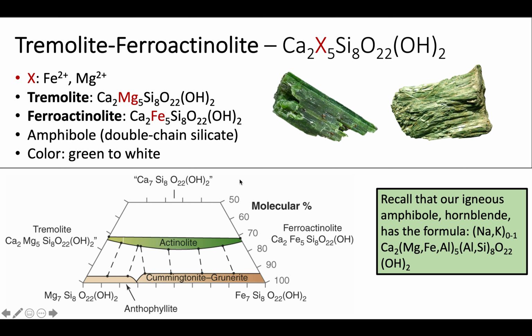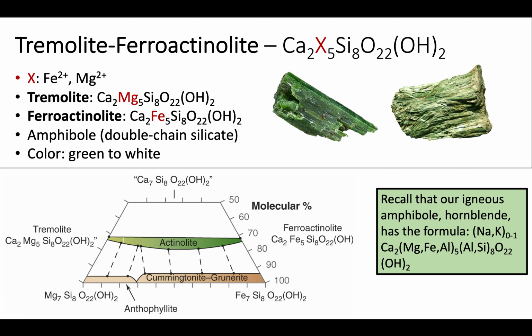So amphibole ternaries are much more complicated than just a triangle or a quadrilateral, because they have a whole bunch of different places that elements can substitute into. So remember, there's a site here that is unoccupied that could have sodium or potassium filling it up. And so this is just kind of a subset of some of the amphiboles, thinking about the compositions of some of the amphiboles.